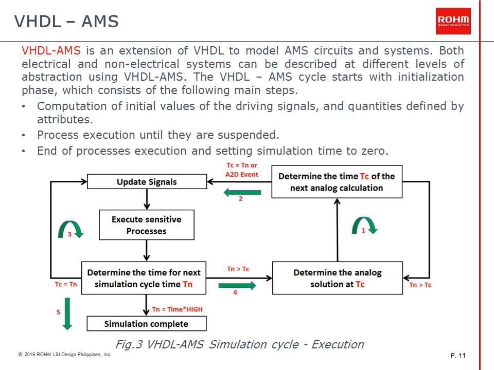If the time for the next digital evaluation Tn is equal to current time Tc, the digital simulator is called again, arrow 3 in Figure 3. If Tn is not equal to Tc, the analog solver is called, and the next cycle begins, arrow 4 in Figure 3. This continues until the end of simulation is reached, arrow 5 in Figure 3.